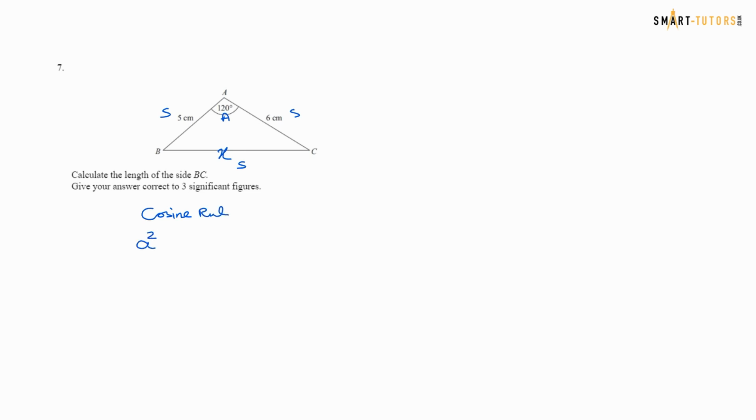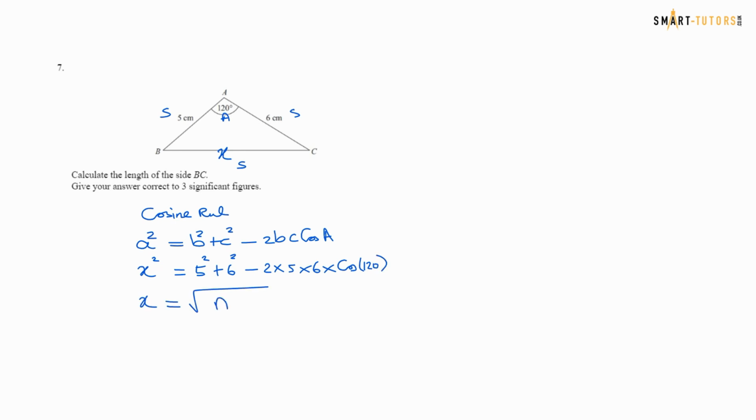A squared equals B squared plus C squared minus 2BC cosine A. So X squared equals 5 squared plus 6 squared minus 2 times 5 times 6 times cosine 120. So X equals the square root of the answer.